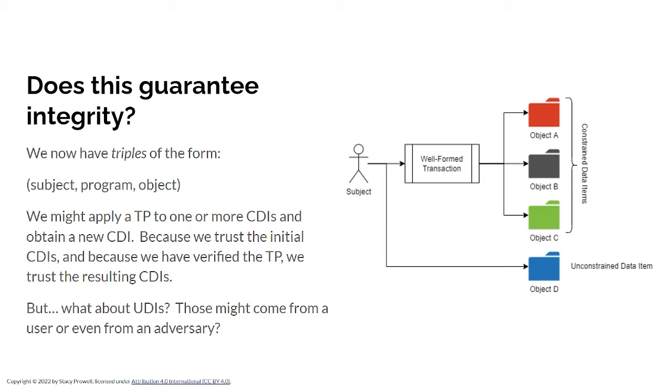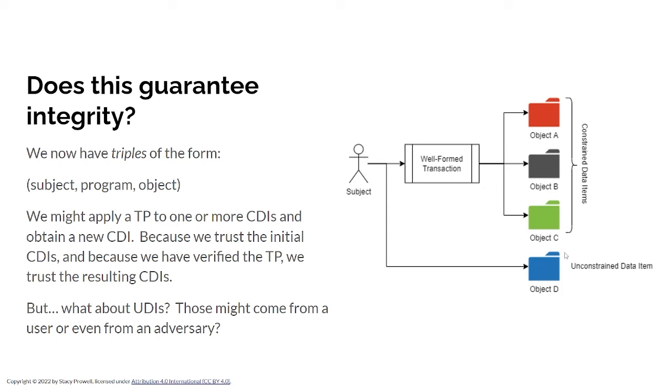So we can apply a transaction procedure to one or more CDIs, and that might yield a new CDI, right? I might take object A and object B and tell the system merge those two, and that produces a new constrained data item, and it has to be written so that it's a container for the right data, and it has the right properties, and everything's been proven so that that works. Or I might take object A and generate a new object C, let's say, from it. Okay, and that has to be proven, etc.